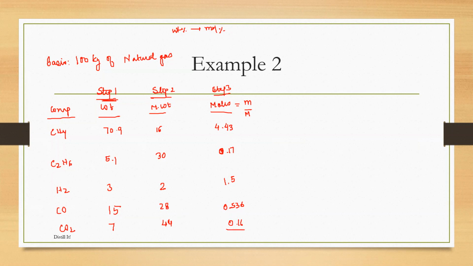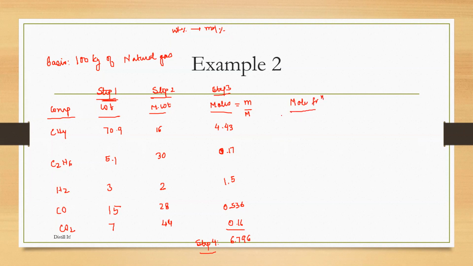Hence, using these, the next step is to calculate the total moles. Okay, so total moles are 4.43 plus 0.17 plus 1.5 plus 0.536 plus 0.16. That is 6.796.